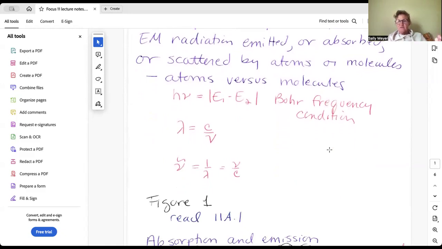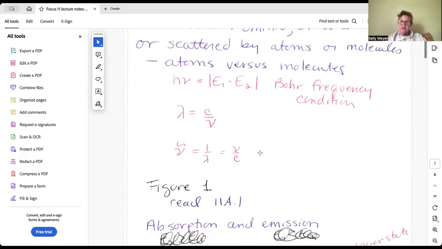So atoms or molecules are going to absorb or emit photons if the energy difference between the two states that are being moved between is equal to the energy of that photon. So h nu is the energy of a photon, and then the absolute value would be if you're going up or down, so energy of one state minus the other. And so we can talk about the wavelength and we can talk about wave number.